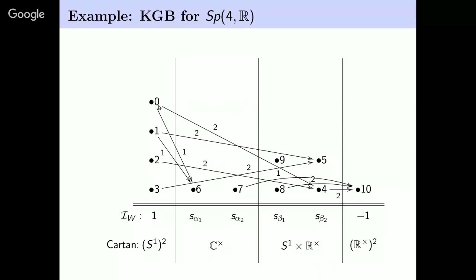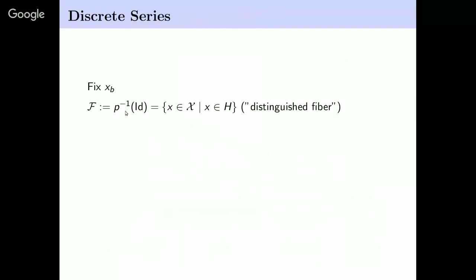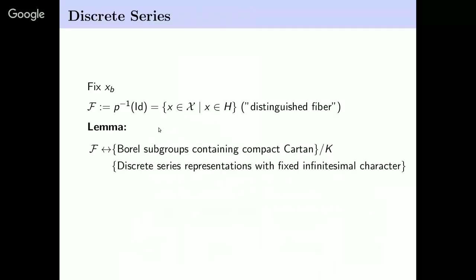The map being the identity Weyl group element is just to say that the corresponding element X is actually in the Cartan. And so this P inverse of the identity is the elements of X which are actually in H. And this is called the distinguished fiber. And this plays an important role. In particular, what does this F do?